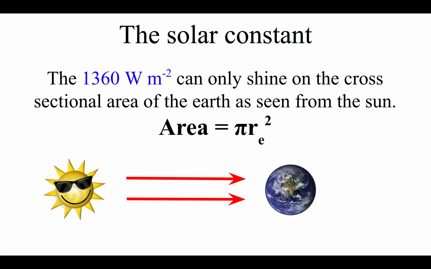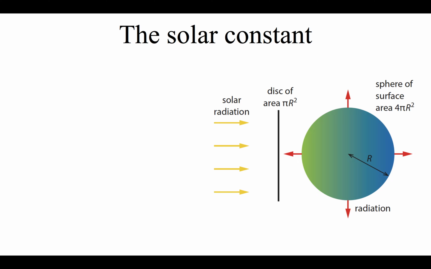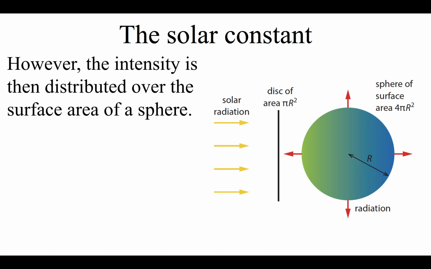Okay, so here we see Mr. Sun shining directly on the planet, and this slide just shows the effective arrival of the solar radiation on the surface of the Earth. And the amount of radiation arriving is given by the amount shining on the disk. So if you cut the Earth in half and calculate the amount shining on that cross-sectional area, you would get a diagram that looks something like this.